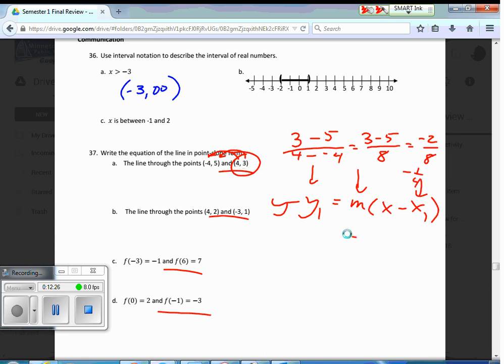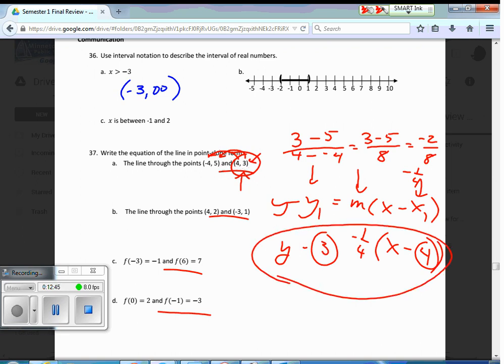So my slope's negative 1/4, and my x and y I already have. Now here's my points. I need to put a point here, and my point I'm choosing is x is 4, so it goes here, and y is 3, so it goes here. And there's an example, a problem. That's 37A.